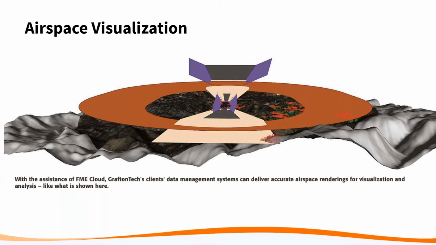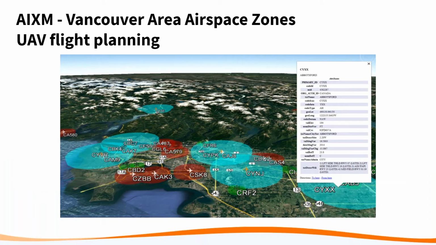It's a client data management system for visualizing airspaces, and they've deployed this in FME Cloud. And here are some airspaces, approximations of airspaces. Basically, these are more flight restrictions based on distance to airport for, let's say, UAV flight planning.